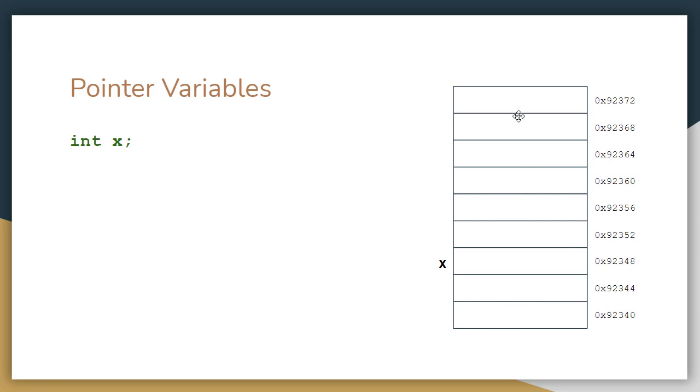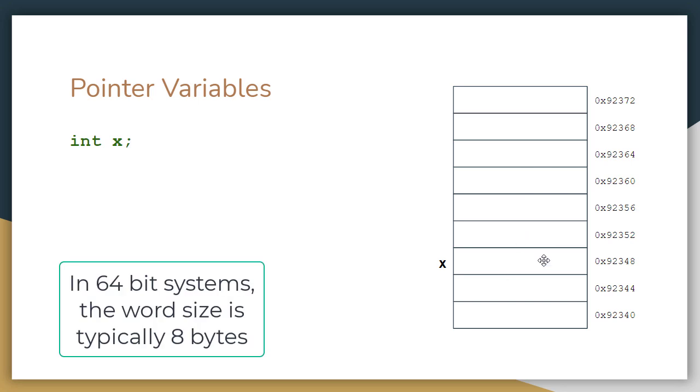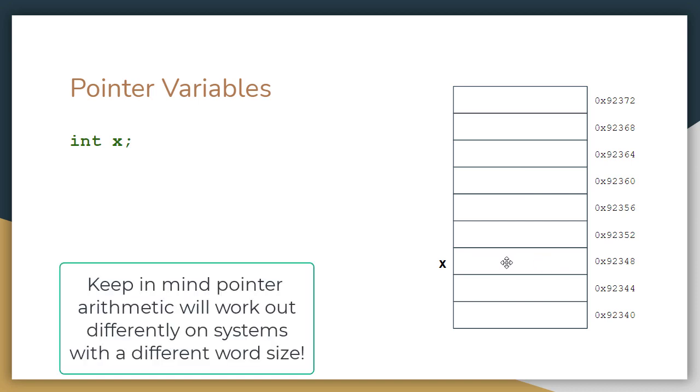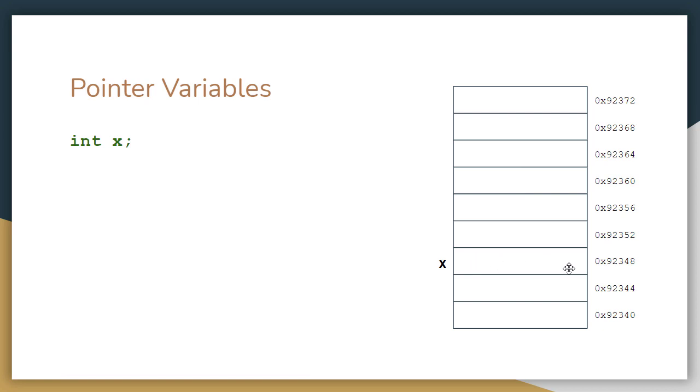That's because there are 4 bytes in each of these groupings of bytes, and we call that a word, how wide this memory is. Usually whatever your word size is on your system, that's usually what the integer size is, but not always. In this case, we're going to assume that we have 4 byte integers. You can see that x occupies this space at address 92348. Also notice these are hexadecimal values.